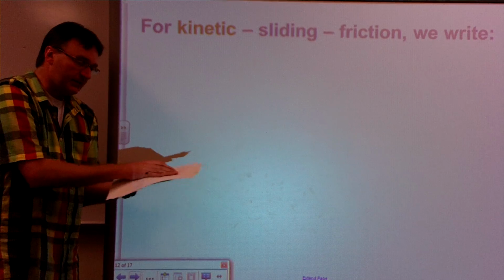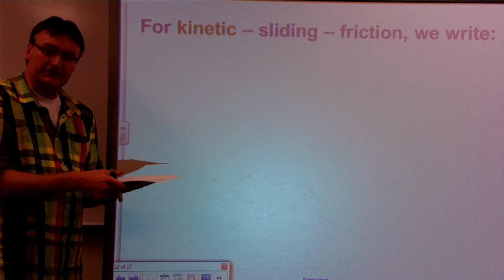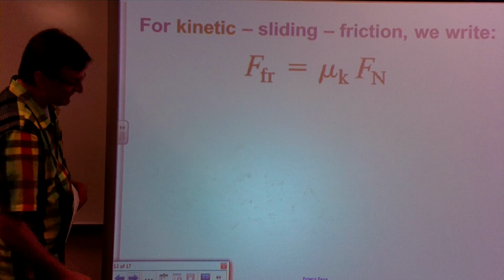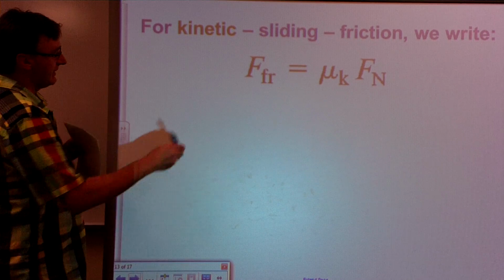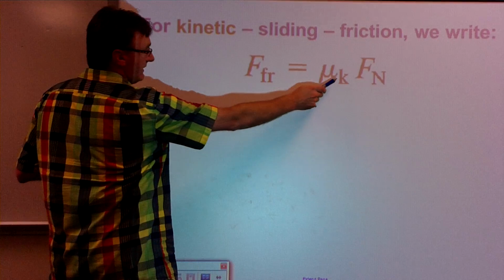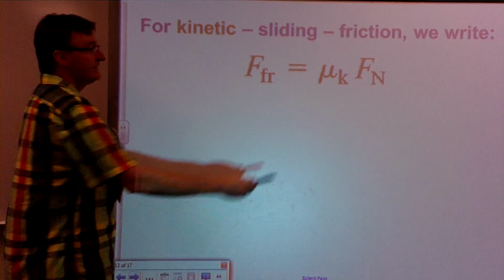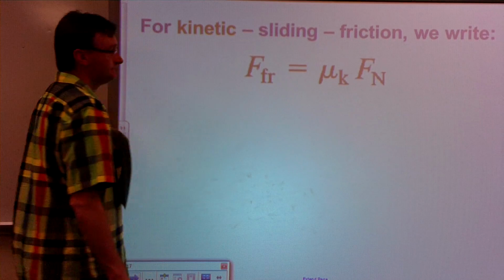So there is movement between the surfaces. And in that case, we would write the force of friction is going to be the coefficient of kinetic friction times the normal force.